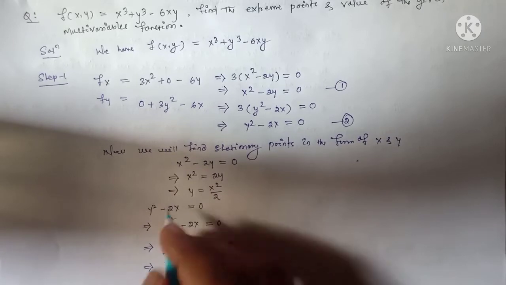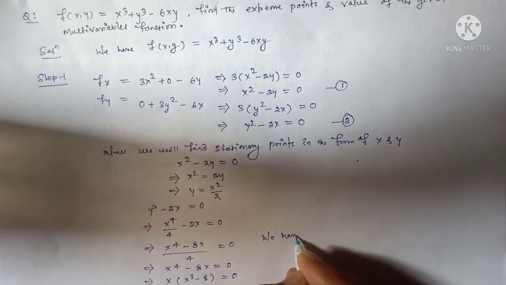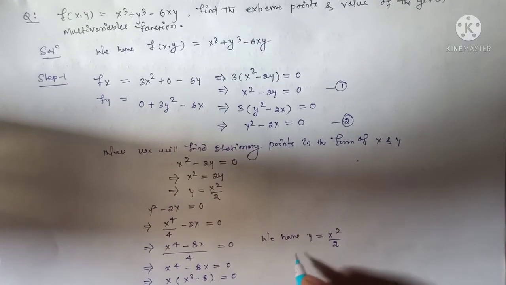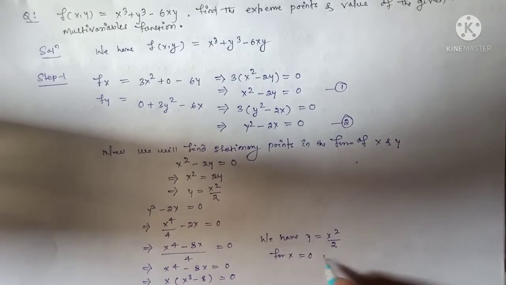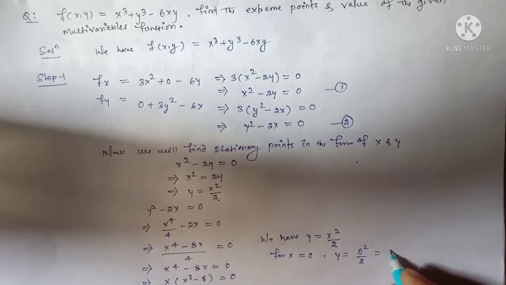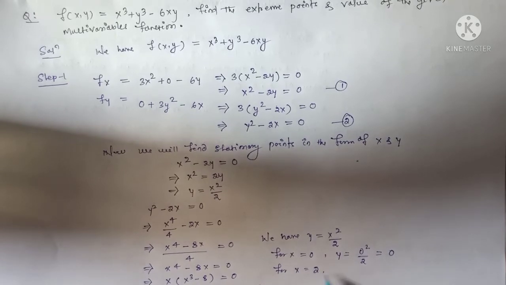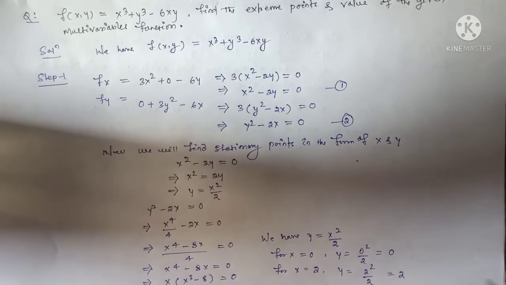We have y is equal to x square by 2, so putting x is equal to 0, y will be 0 square by 2, that is 0. For x is equal to 2, y is equal to 2 square divided by 2, that is 2.